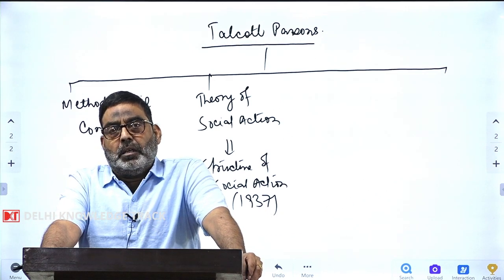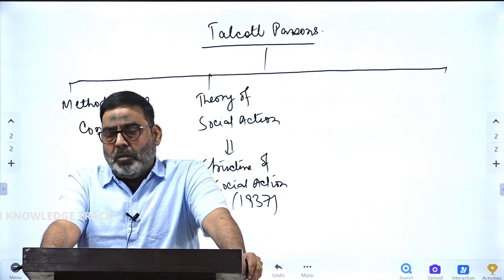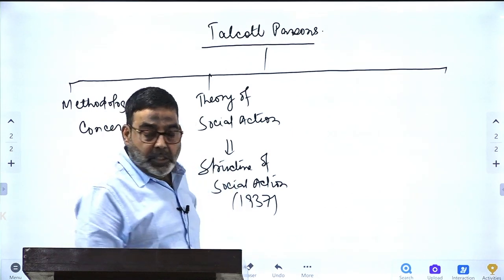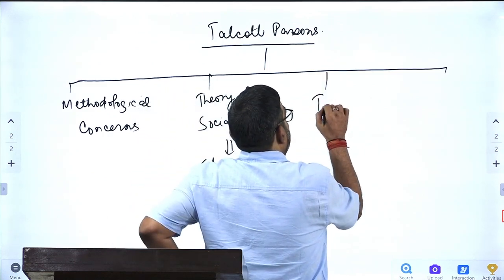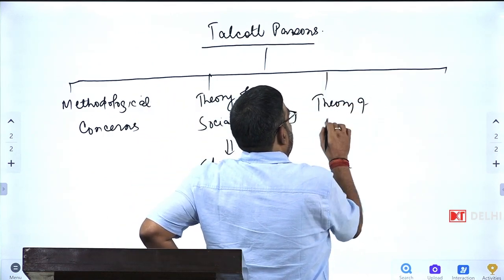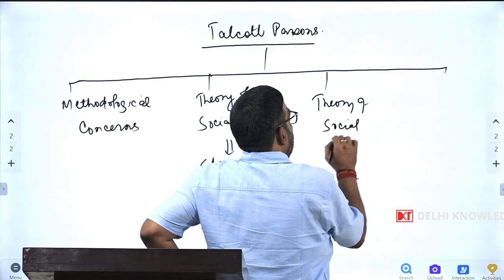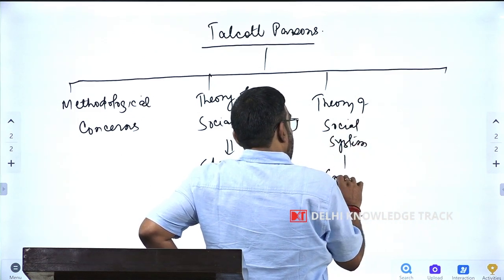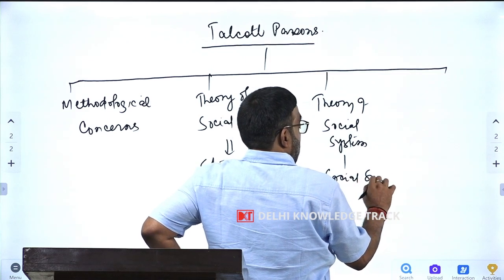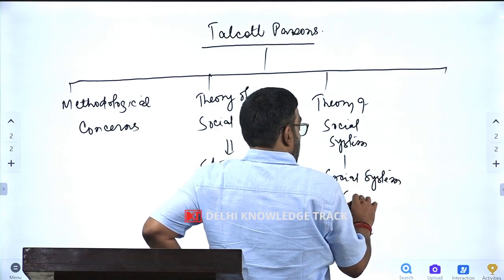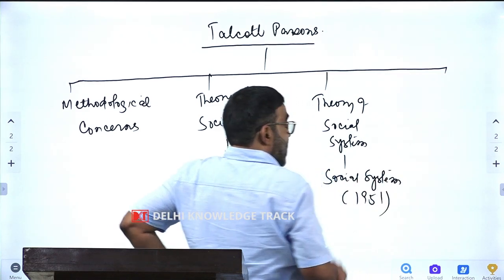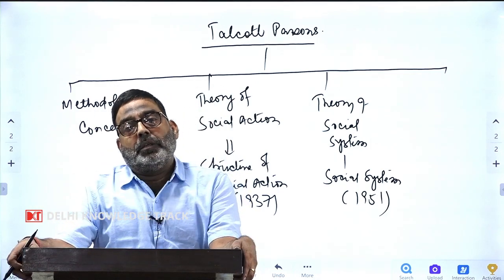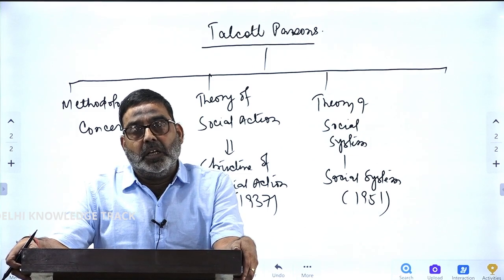And thus, the moment he comes to the second book, that is The Social System, 1951, we find a deviation in Parsonian methodological theoretical concerns.